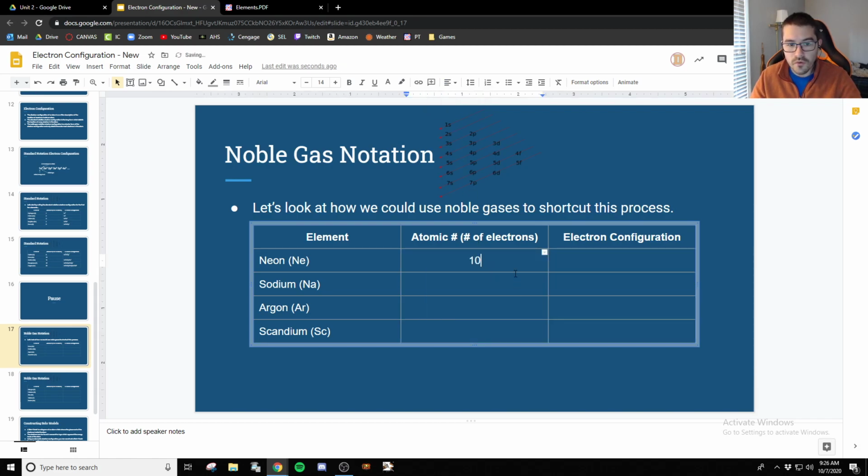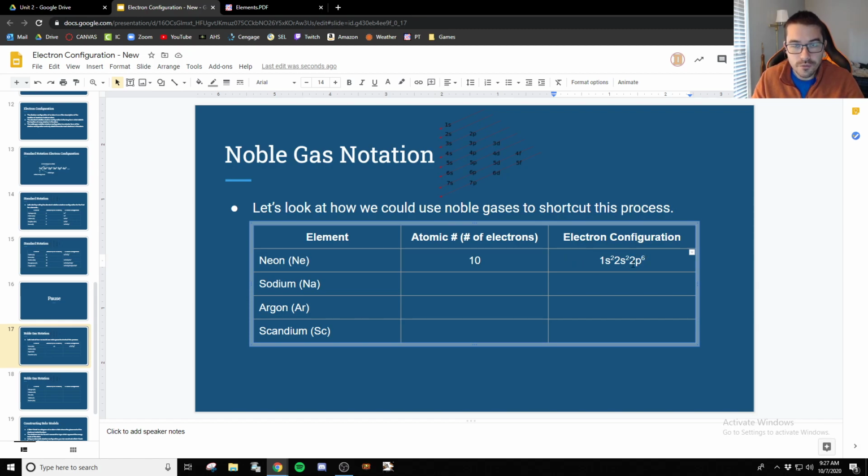Neon is atomic number 10. The electron configuration for neon, we can determine that using the diagonal chart here. I'm going to do this a little bit quickly because we spent quite a bit of time on this last time, so I think at this point you guys are probably okay with coming up with the standard notation electron configuration.